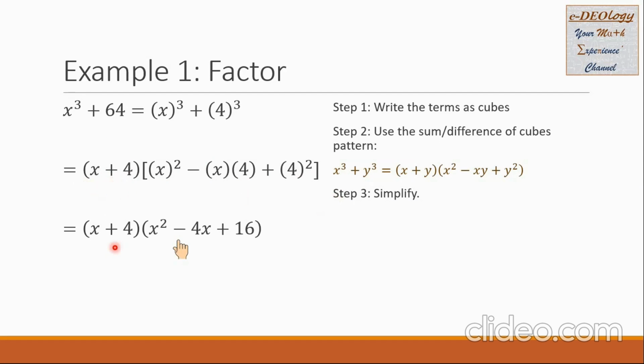I will copy the binomial, and then for the trinomial, I will simplify the square of x to be x squared. The middle term becomes negative 4x, and the 4 squared is now written as 16. So this is our final answer.